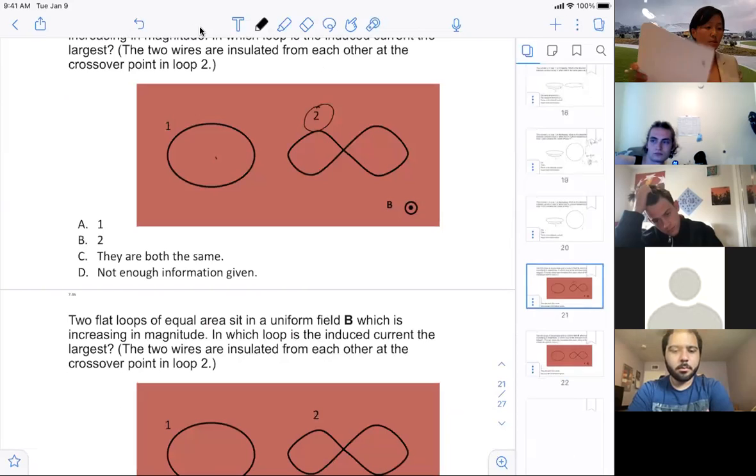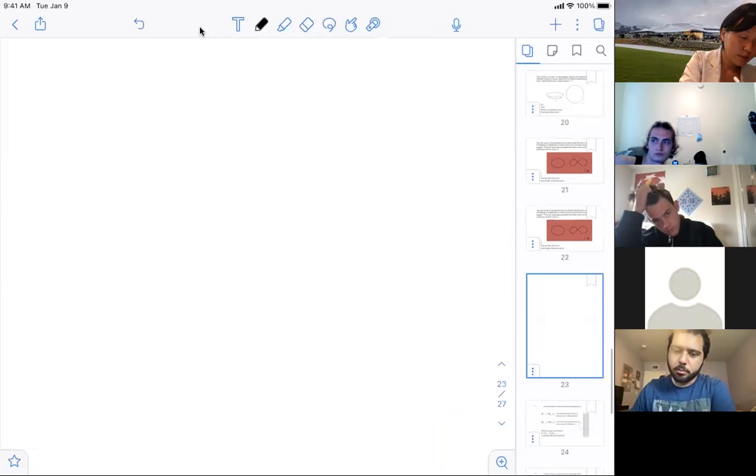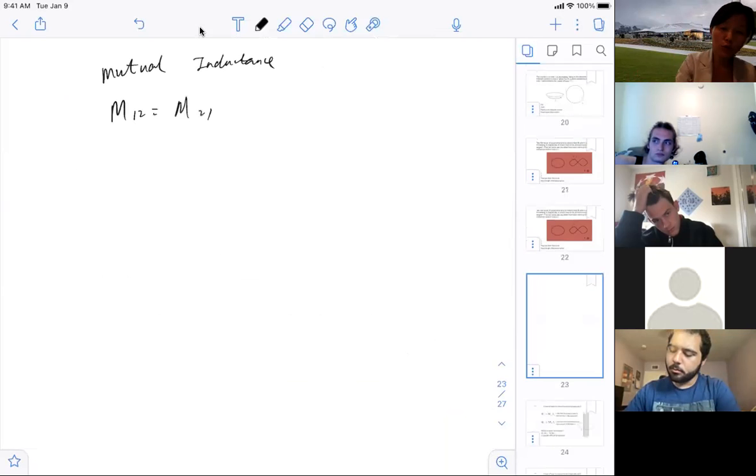The mutual inductance is simply defined to be... so you have two loops, 1 and 2, like we were showing you earlier.